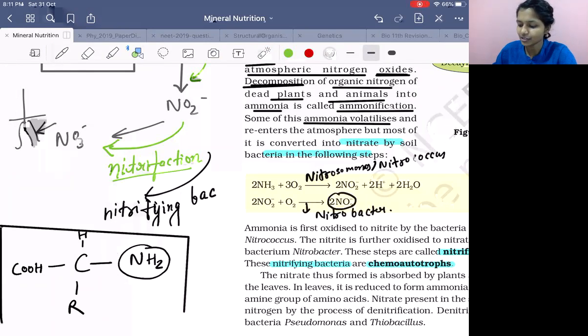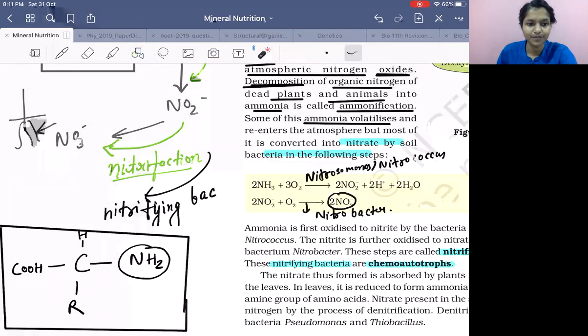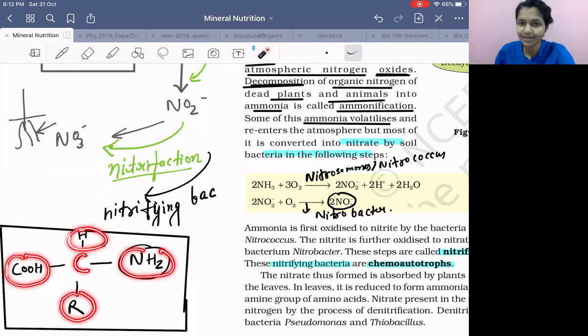This is the basic structure of an amino acid: one carbon, one carboxylic acid group, one amino group, one hydrogen, and along with that you can have any group. So nitrogen is coming in the form of nitrate. If the plant has to make amino acid, it will convert that into an amino group and then start making amino acids.